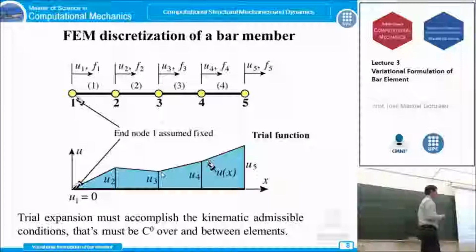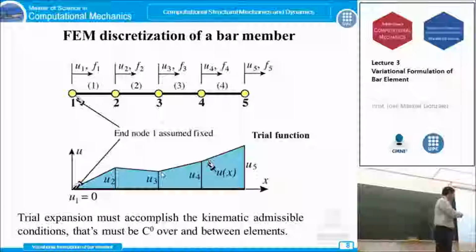Okay, let's consider our bar length is discretized in 4 elements, each of them with 2 nodes, and we are going to calculate the displacement in these nodes, only these 5 nodes. So we have a displacement function expressed using these nodal values. This is what we call a trial function.